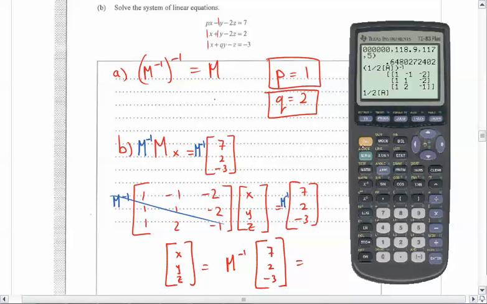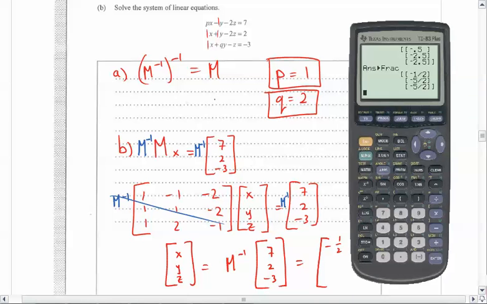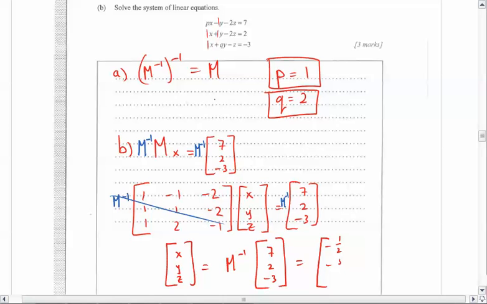So now I'll take 1/2 A times B. And there it is. I can take that and make it a fraction. So my answer is negative 1/2, negative 5/2, negative 5/2.